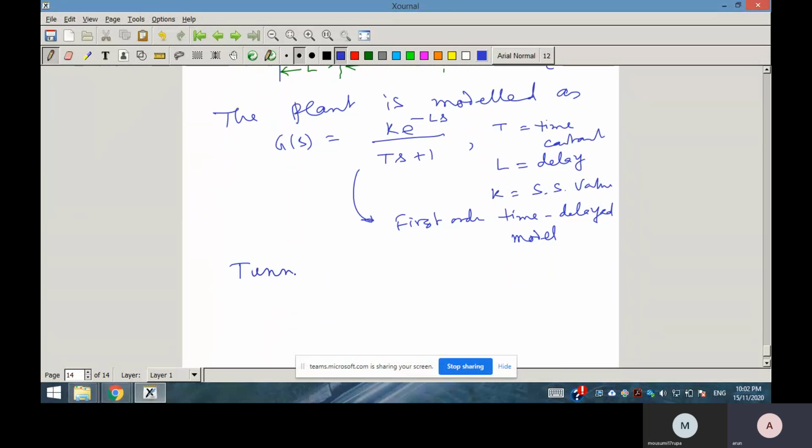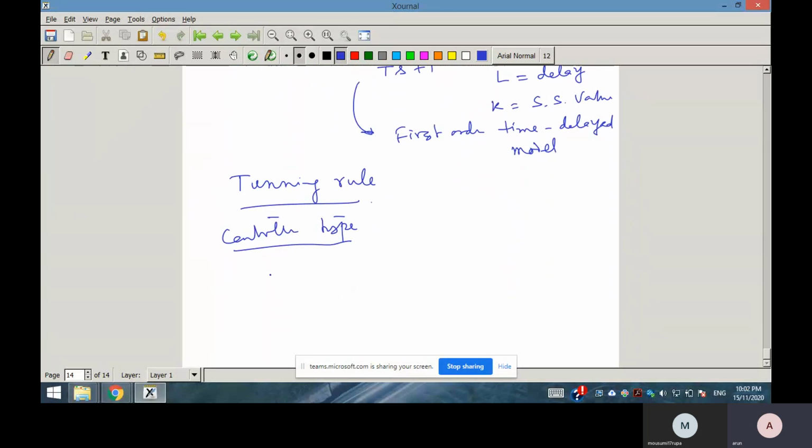So what is the tuning rule? Your controller type: if your controller is proportional, that means Ki and Kd are 0. If it is P, then what is the value of Kp, Ti, and Td? For P, Kp is T by L, Ti is infinity, and Td is 0.